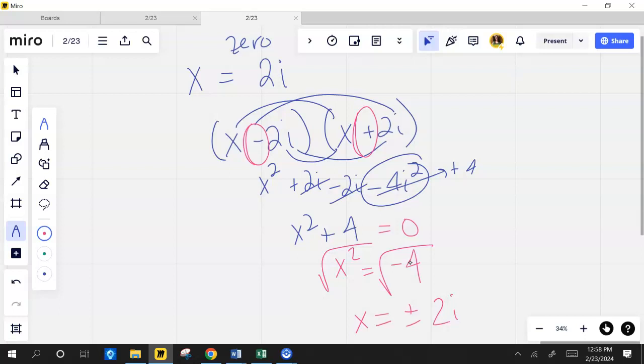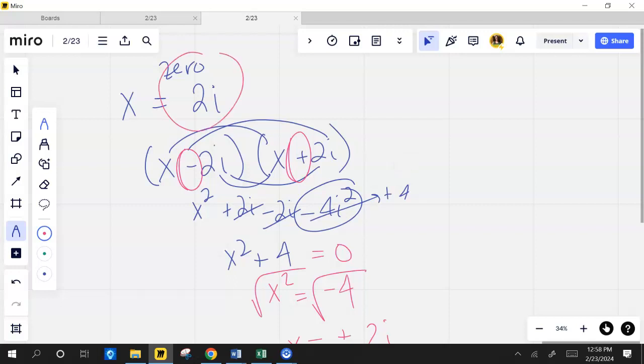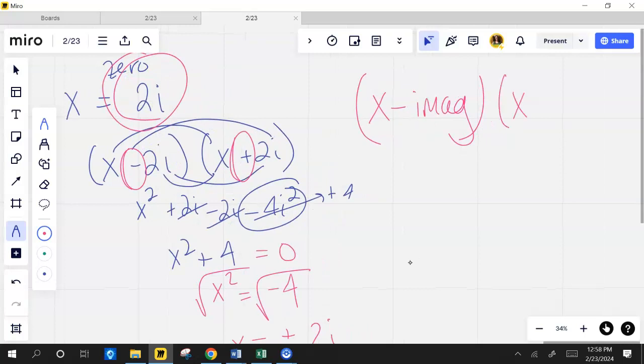So the complex root theorem says if we have a 0 that is an imaginary number, then x minus that imaginary number is a factor, but also x plus that imaginary number.